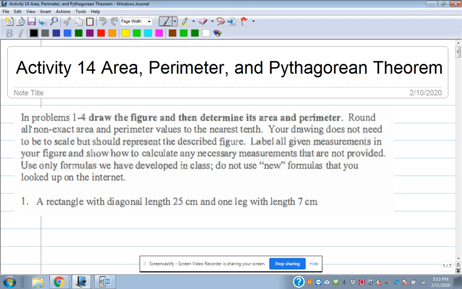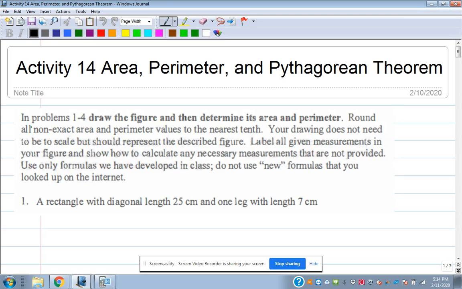So what do we do when we're drawing the figure and determining the area and the perimeter? Round all non-exact area and perimeter values to the nearest tenth. So one decimal place is rounded on our area and perimeter. Your drawing does not need to be to scale, but should represent the described figure. Label all given measurements in your figure and show how to calculate any necessary measurements that are not provided.